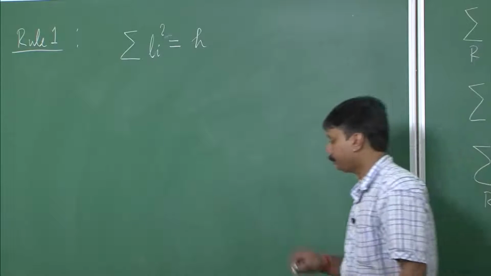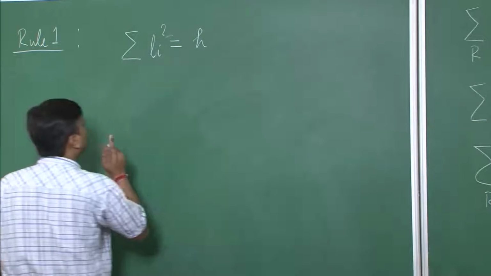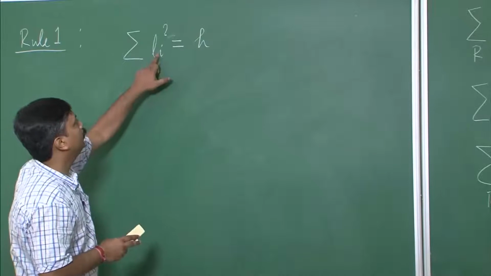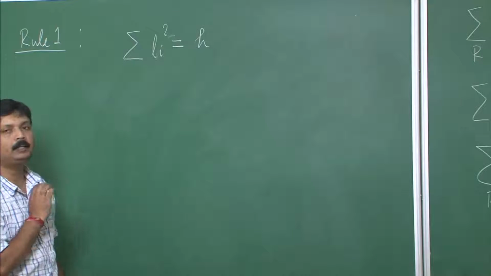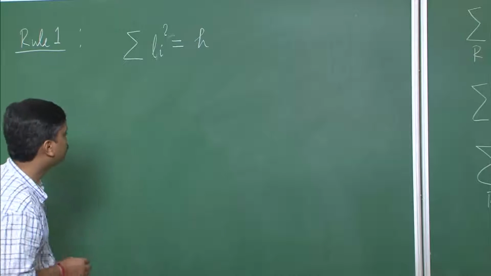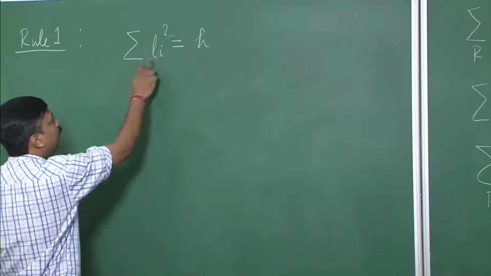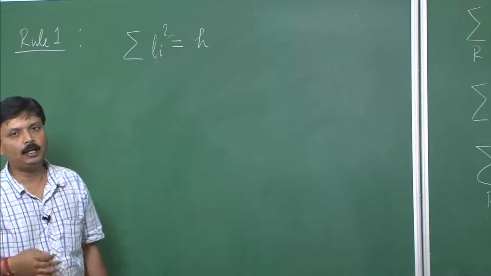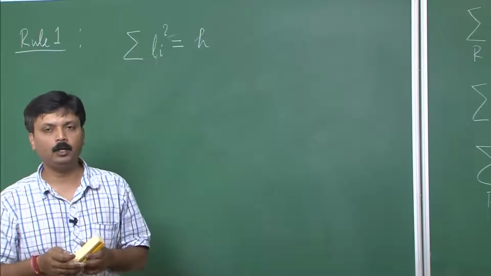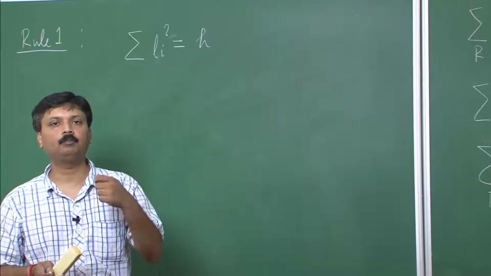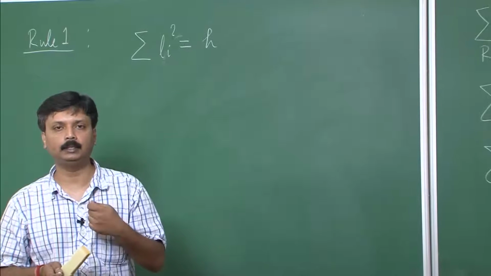But one thing that we can figure out from this particular expression is this: how do I find the l_i from the character table of any particular point group, where l_i means the dimension of the ith irreducible representation?